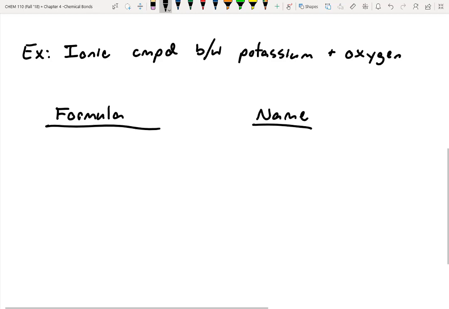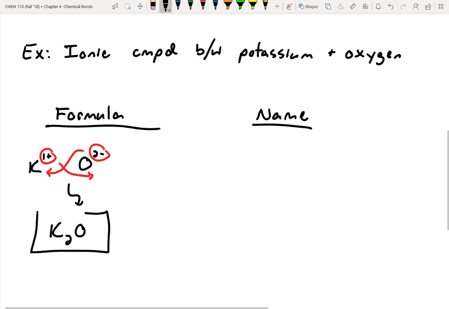So we've got potassium. What charge does potassium always have? It's in group 1, so it'll be 1 plus. Oxygen is in group 6A, so it would rather gain 2 electrons to get its octet. Just like we did before, I'm going to flip-flop these numbers. So it's going to be K2O. So this would be the formula.